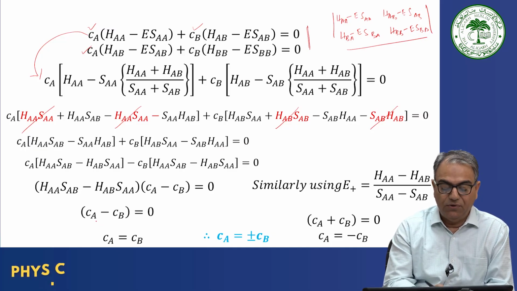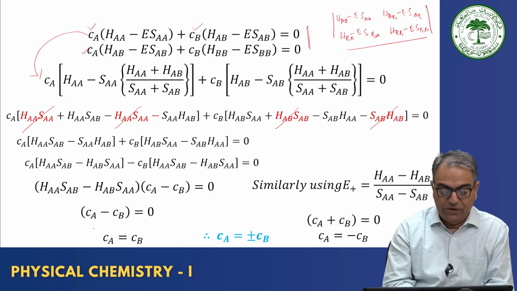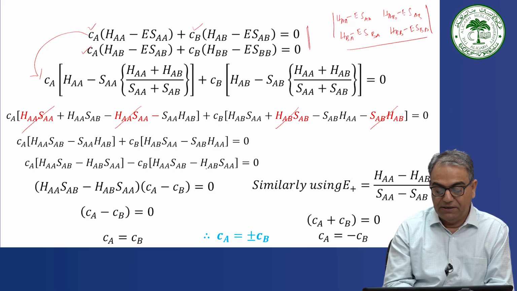Okay. If you rearrange this, then what do you get? You get HaSab minus HabSa. So what we did? Ca terms, HaSab minus HabSa, it's the same term. Cb Hab, it's a minus sign is given, so this will come here, Hab minus Sa, and this will come here, Ha into Sab.